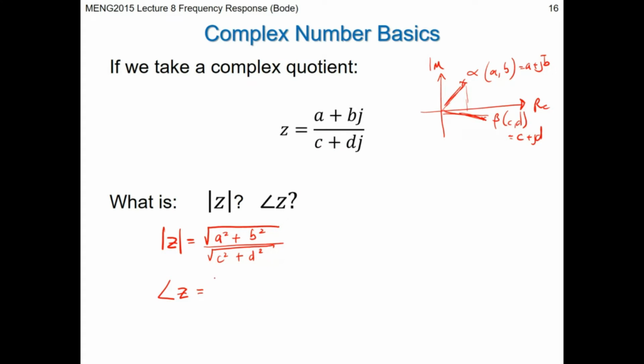Well, that one's a little more tricky, but not too much more. The inverse tangent of the denominator, and then you have to subtract the inverse tangent of, sorry, the numerator minus the denominator. Okay?